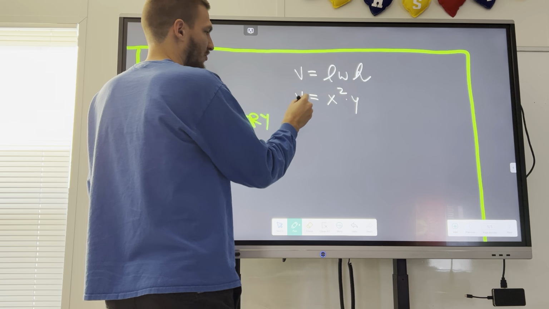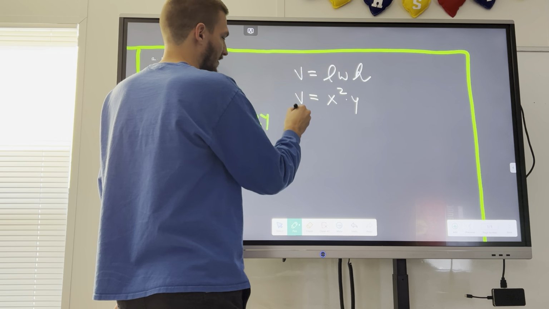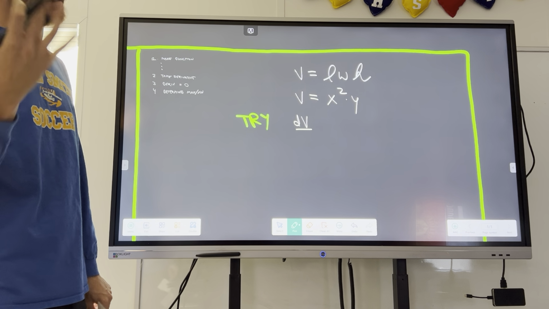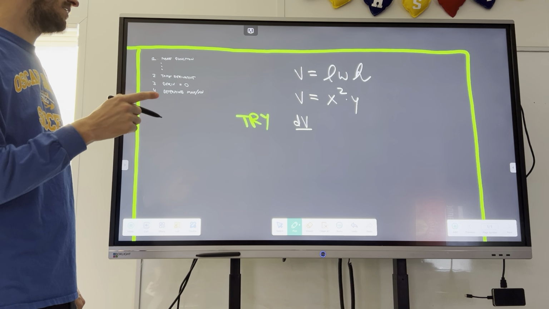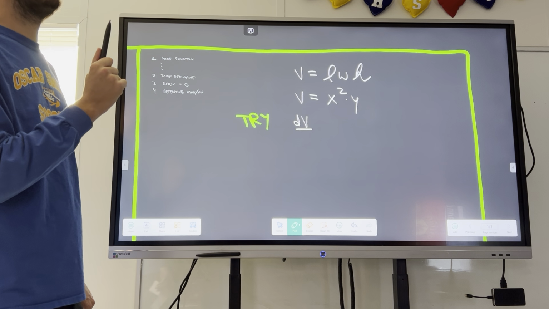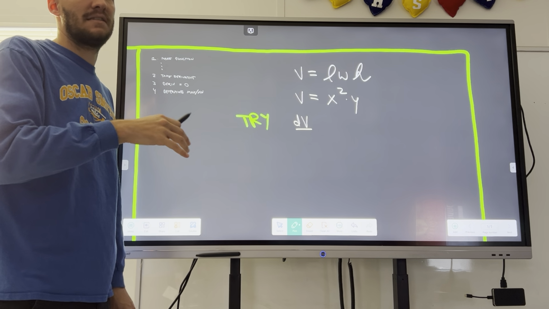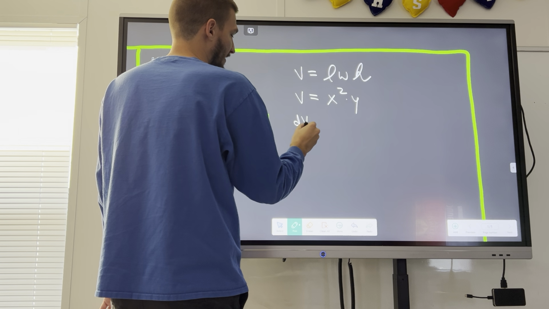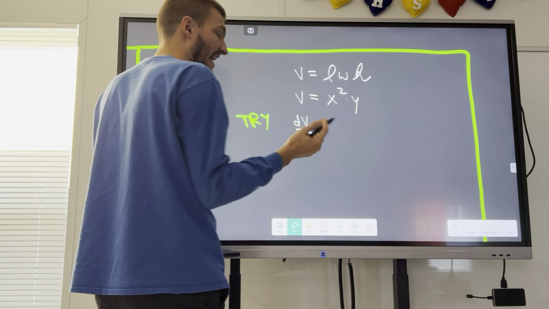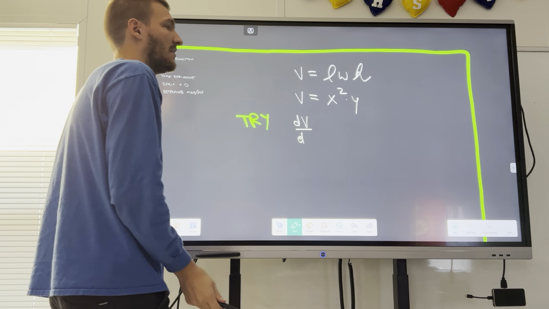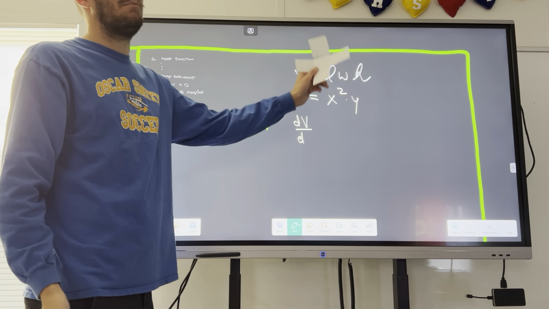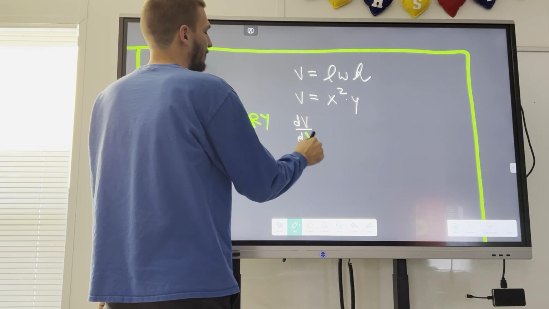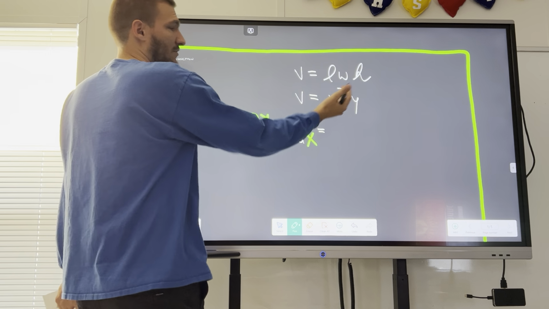We need to take the derivative of V. A lot of times we use the dV/dx or dy/dx format. Normally we put dy/dx because we're taking the derivative with respect to x; sometimes it's a theta. But our problem is that we still have multiple variables in our equation. So we already know this is going to be a bust because we have 2 variables going on.